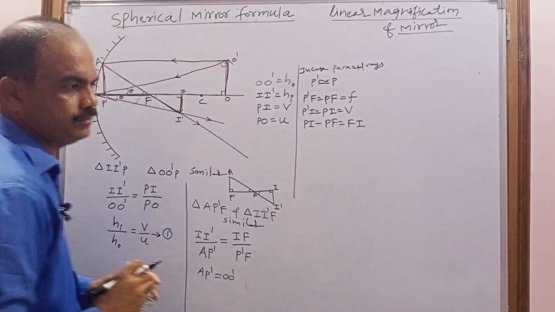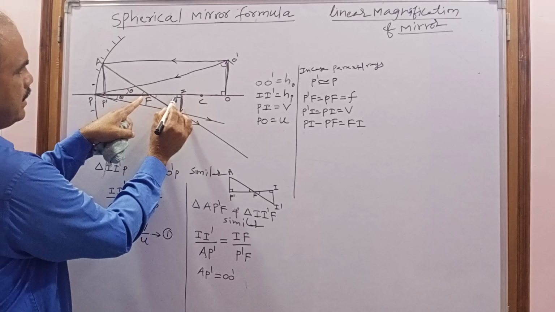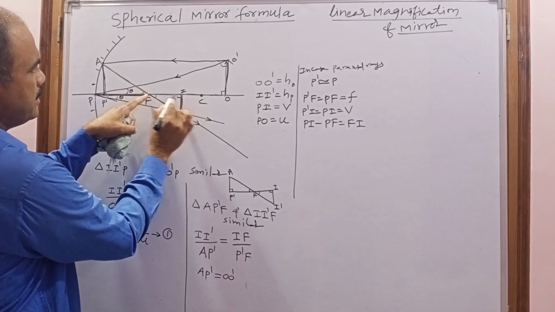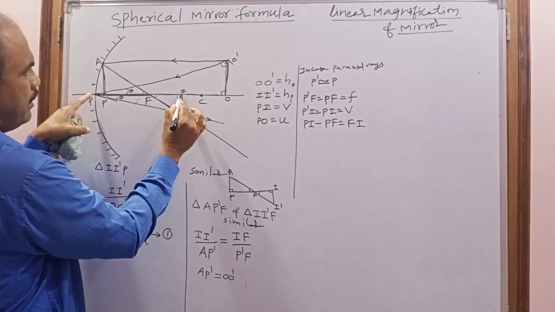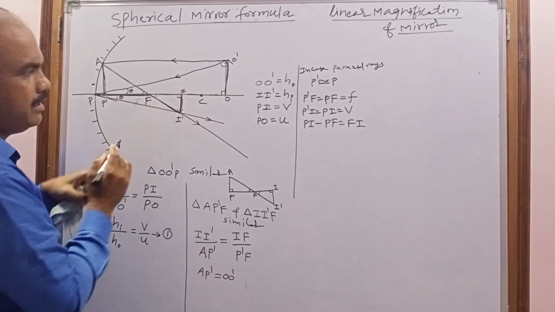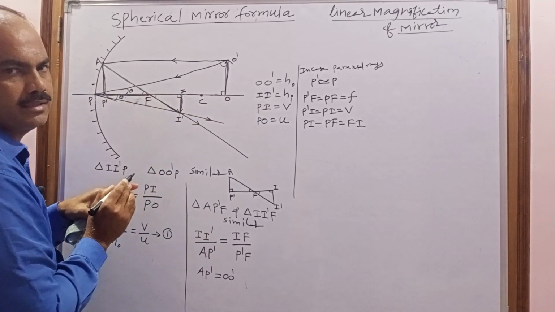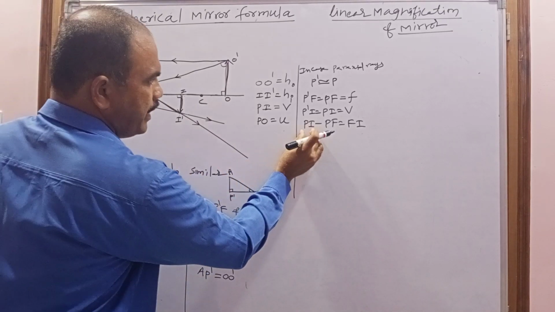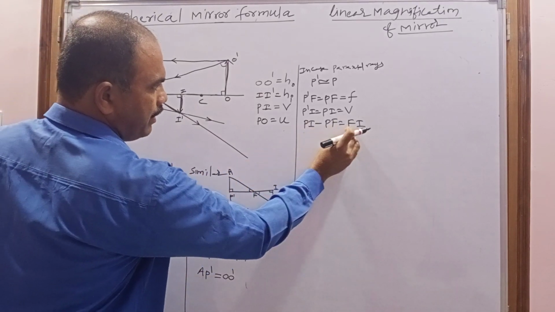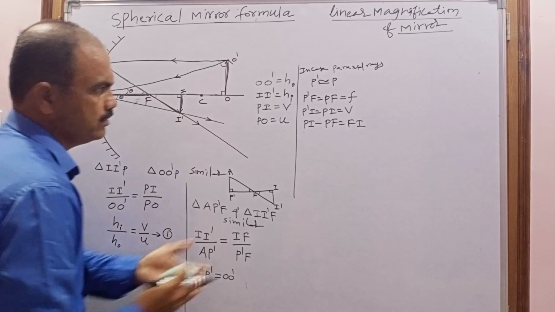Are you following? So I am writing this IF distance in terms of image distance and focal length. When we subtract the focal length from the image distance, we get the IF distance. So PI or FI will be the same.